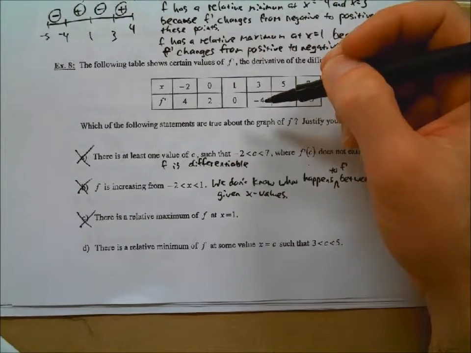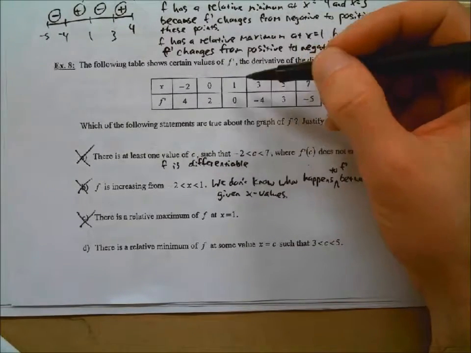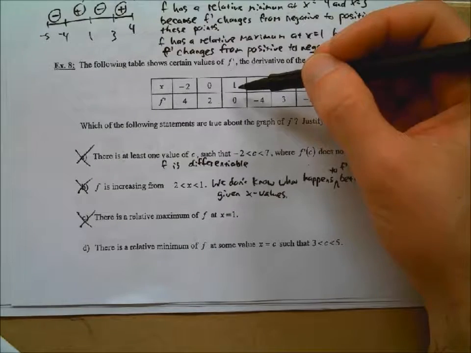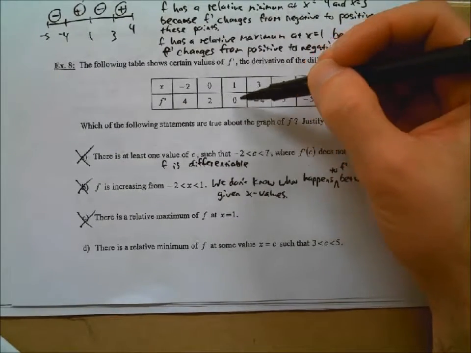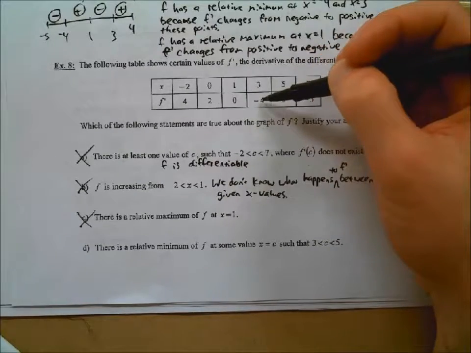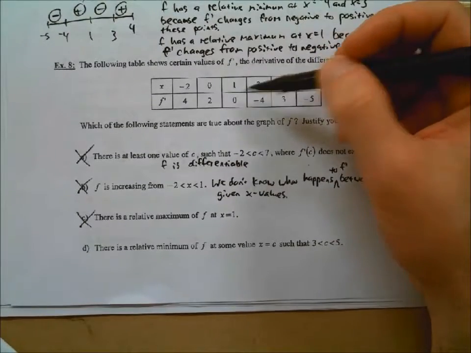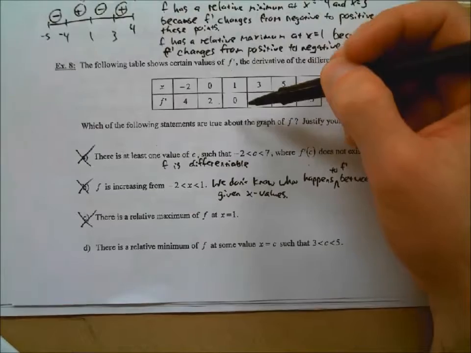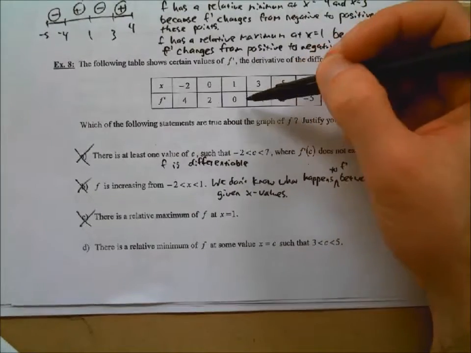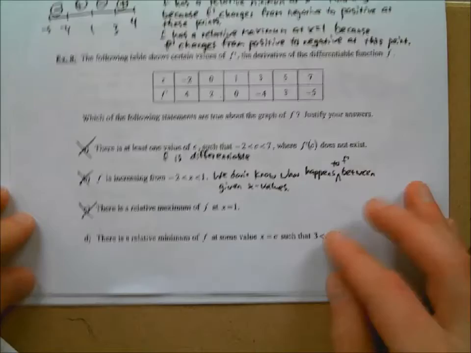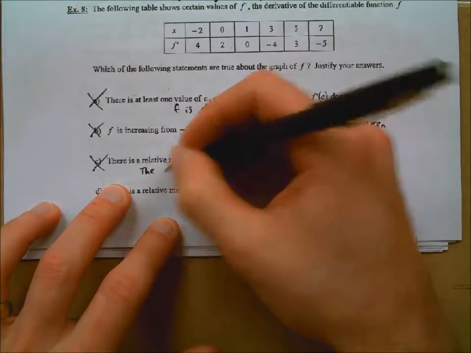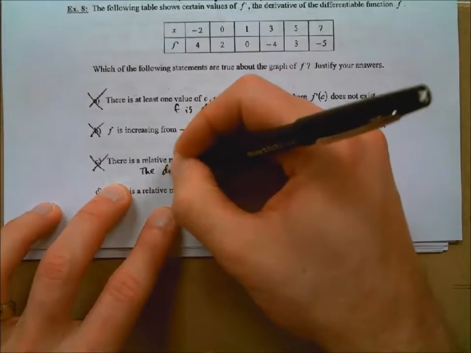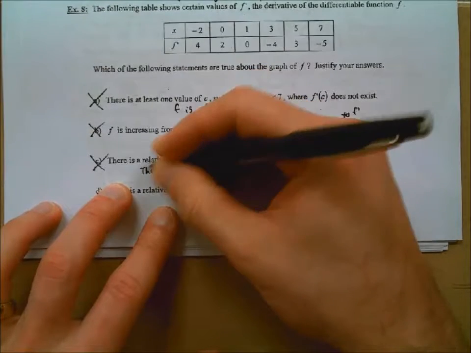Okay, so that's an issue. We don't know enough information. The derivative could still be positive here and then eventually become negative, kind of thing. That's the problem. We don't know what the derivative on either side is exactly, what's happening exactly on either side there. So we don't have enough information there.